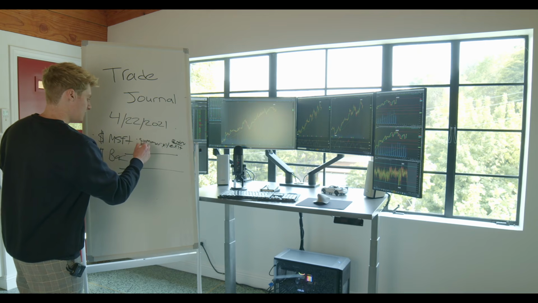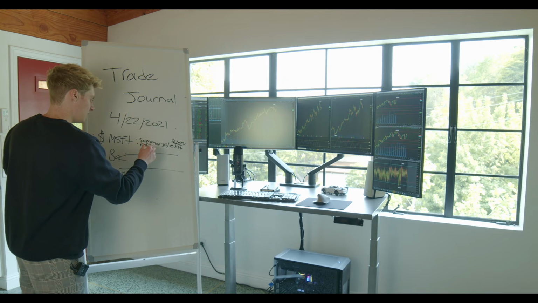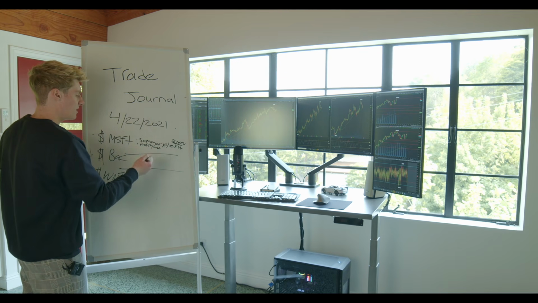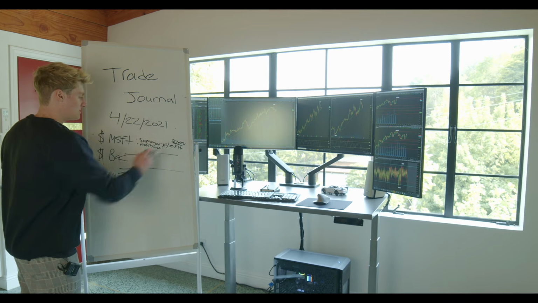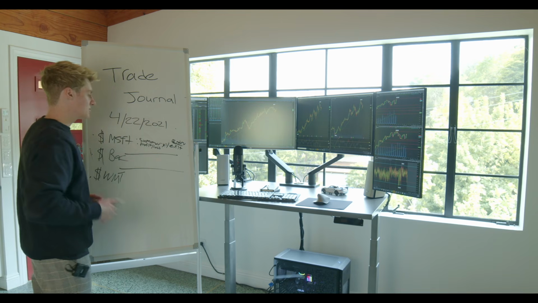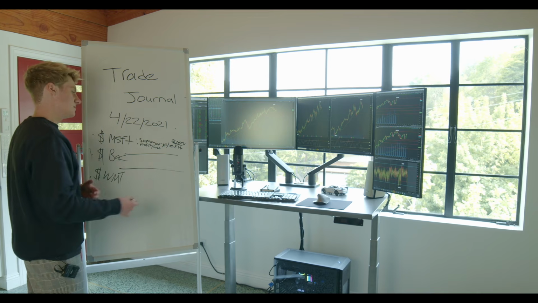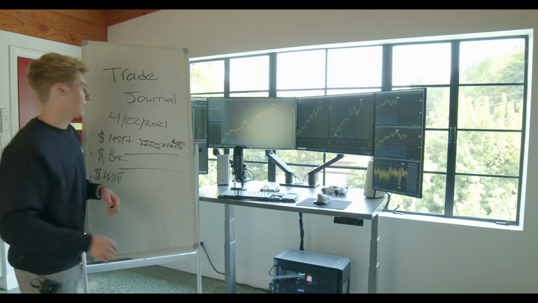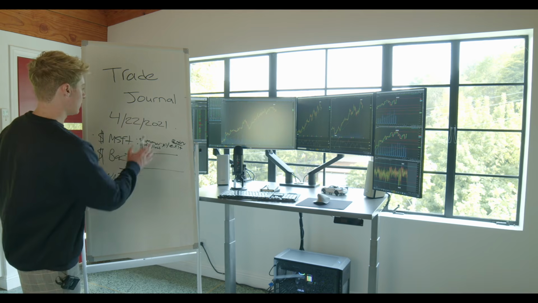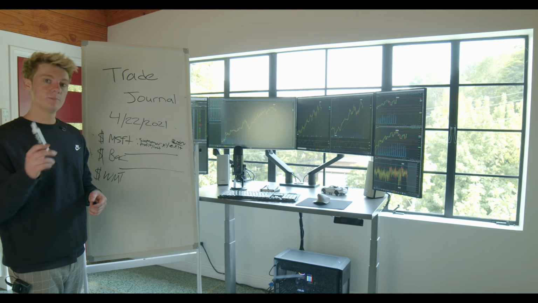So we'll say profit loss, and if you'd like, you can log how much percentage or dollar value you gained or lost. We're not trying to focus on that, but we want to be aware, so we're keeping track. This is part of our bookkeeping. Just like a business, which it is, trading is your business, you have to have bookkeeping.